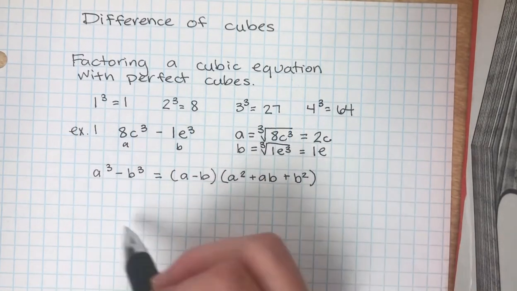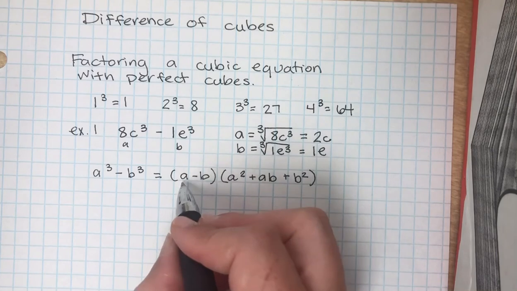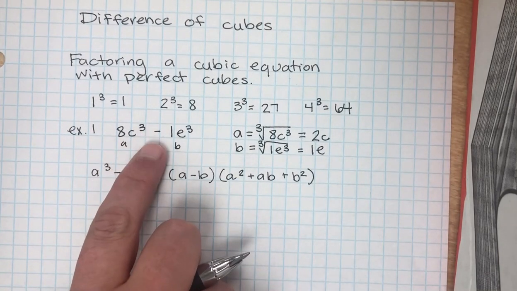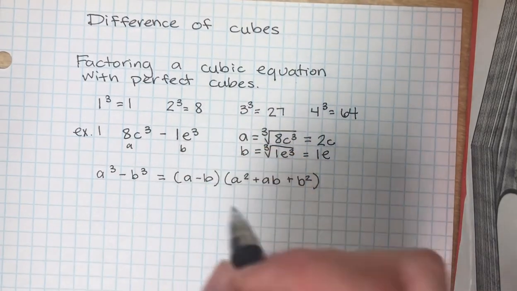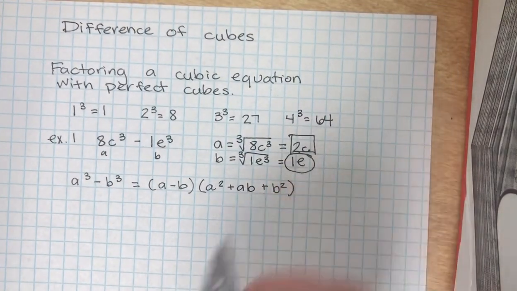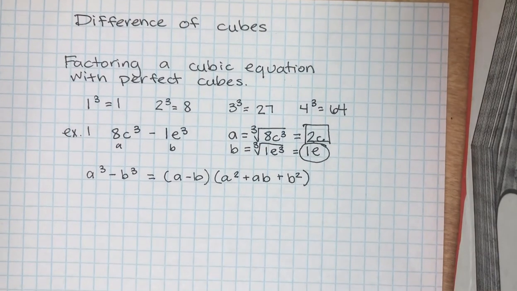All right, so we're going to move on and fill in the blanks for this equation. If we're factoring 8c to the third minus 1e to the third, and I know what my A is, and I'm going to put a circle around B so you can see me fill them in the blanks.